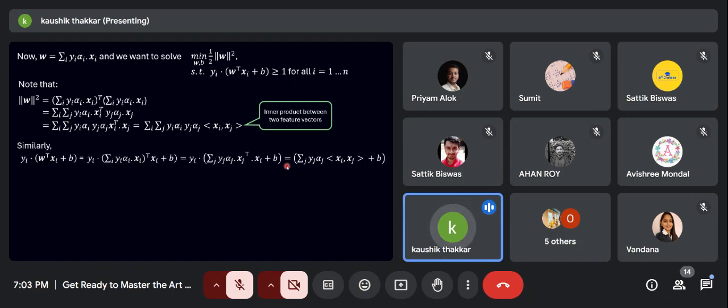Similarly, now look at the condition that we had. The condition says yi times (w transpose xi plus b) should be greater than or equal to 1 for all i's, right?